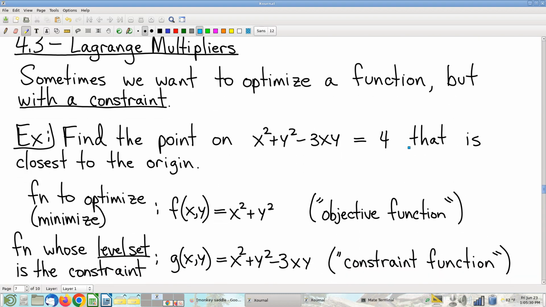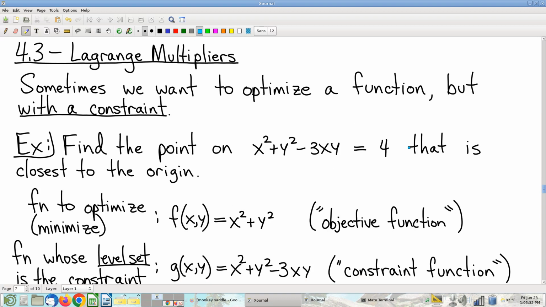So Lagrange multipliers, section 4.3. Again, we're making great time. And now this is a subtle subject. Careful points to be dealt with. So this is about optimizing a function, but specifically what we call constrained optimization.